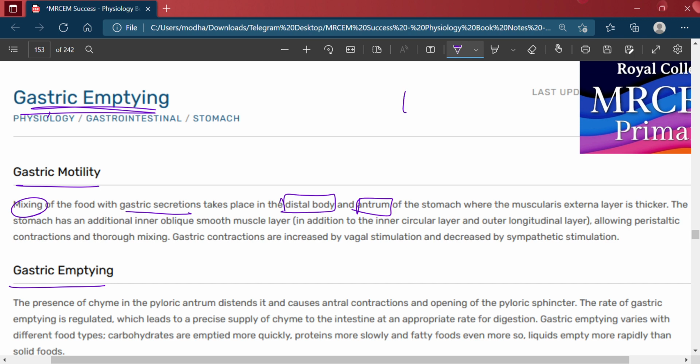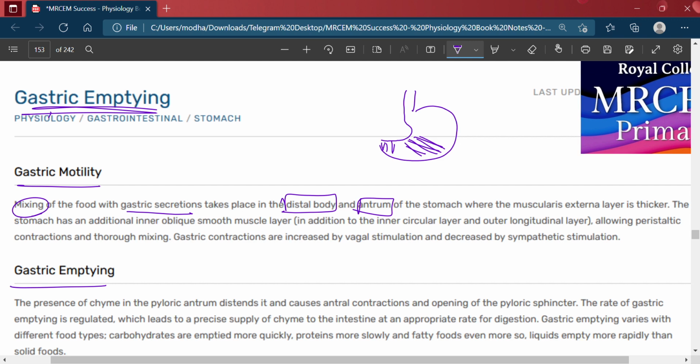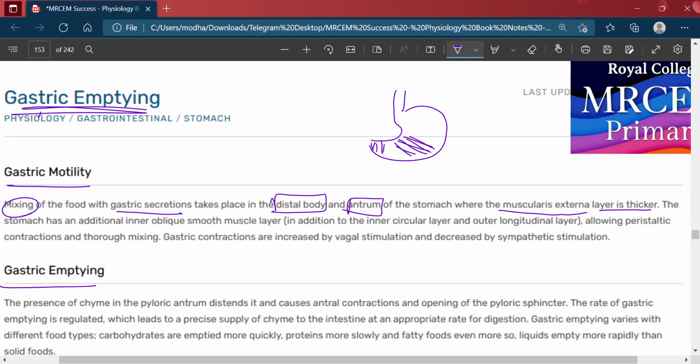So this is the stomach, this is the distal body and this is the antrum. The mixing of the food with the gastric secretion occurs here, where the muscularis externa layer is thicker.